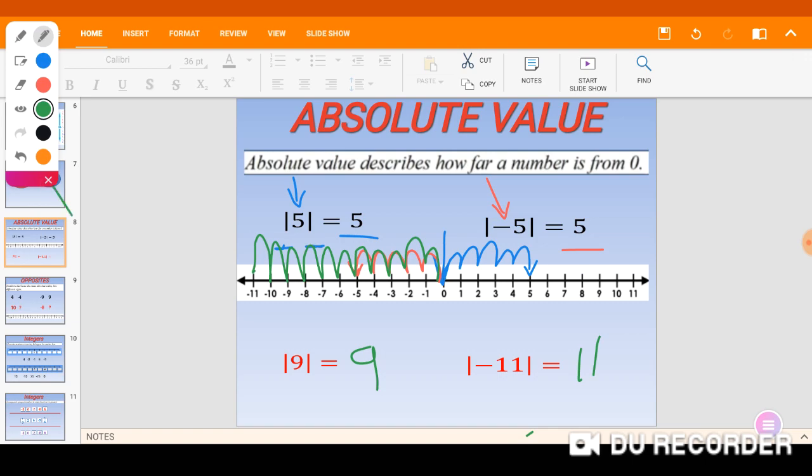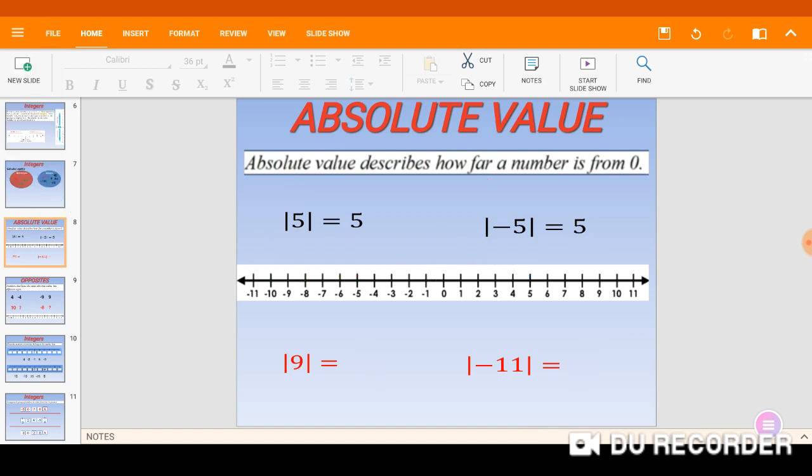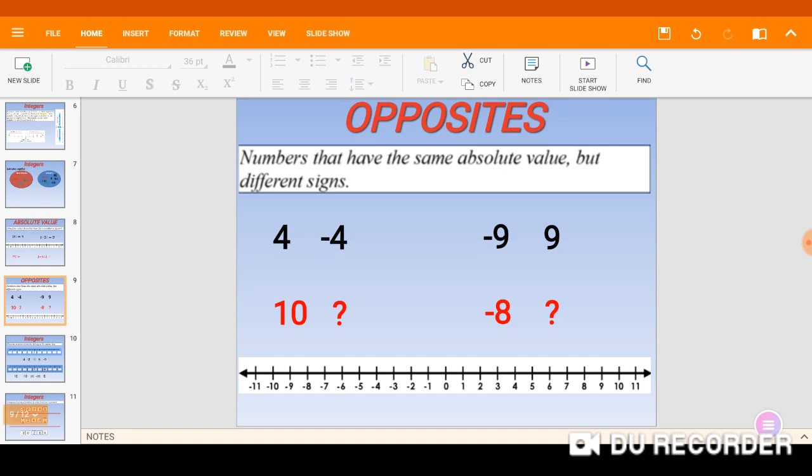Okay, let's move to another definition. Actually, when we study the integers, all whole numbers or counting numbers have an opposite. How?